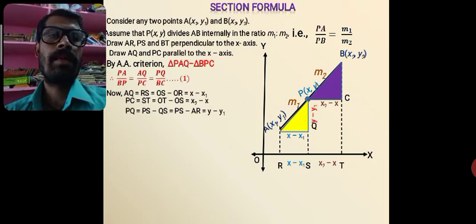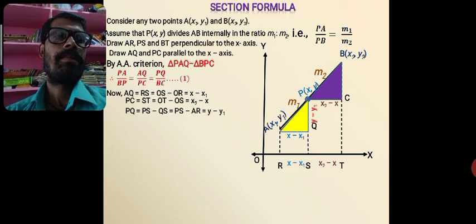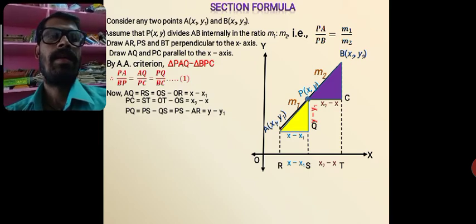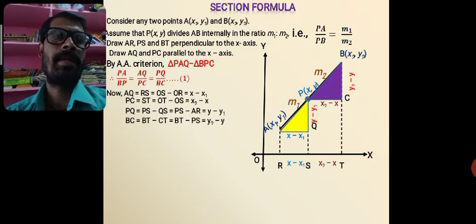Now you can observe PQ is equal to PS minus QS, which is equal to PS minus AR, which is given by y minus y1, because y is greater than y1. That is, PQ is y minus y1. Similarly, BC is equal to BT minus CT, which is also BT minus PS, because CT and PS are equal sides.